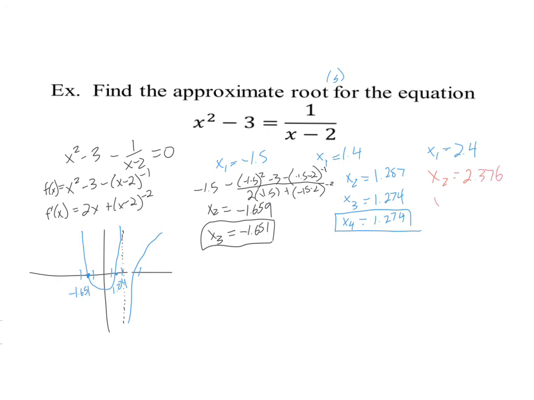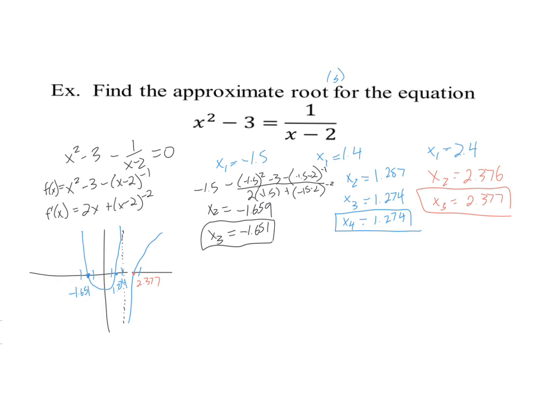We'll try it one more time with that answer. And I'm getting 2.377. So I think we're good there. You could try it one more time, but it should round off to that same value. That one we were pretty close right off the start at 2.4. So 2.377 ends up being that third x-intercept.